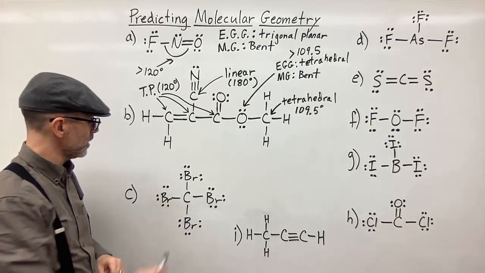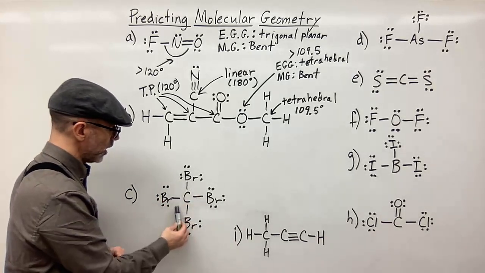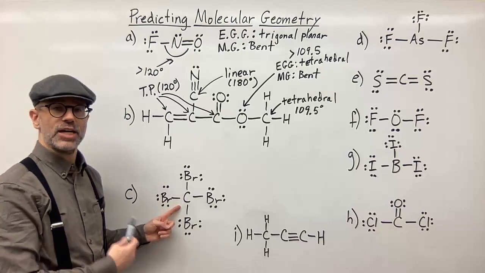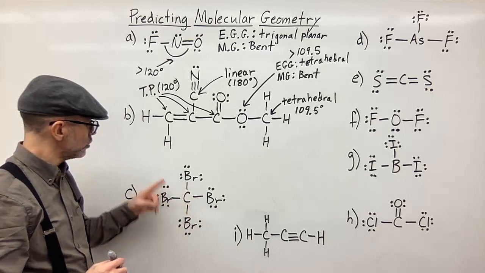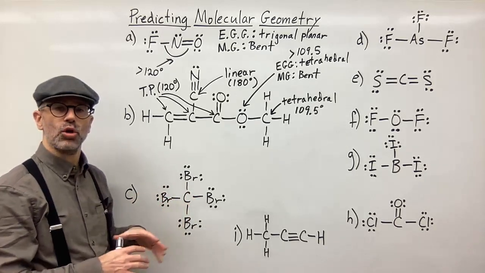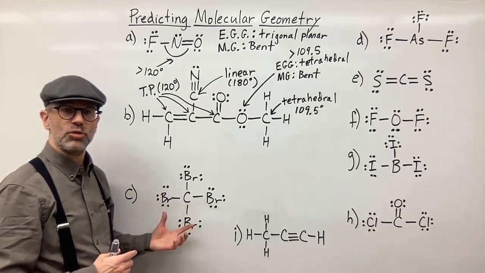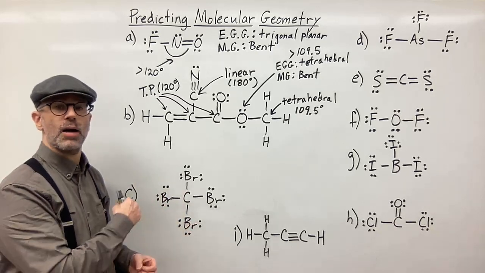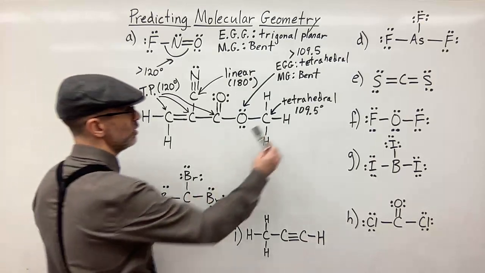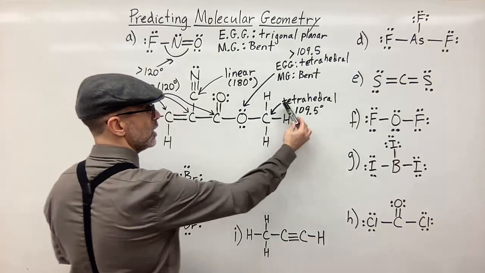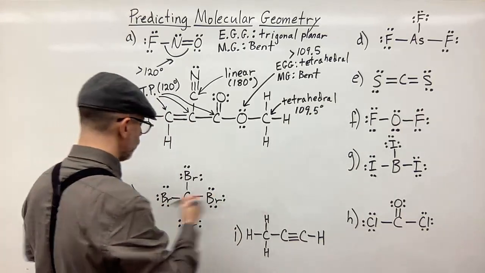Here for C, we have 1, 2, 3, 4 bonds around our central atom. This only has one central atom, so we only need to look at the carbon. So since we have 4 total electron groups, no lone pairs, the electron group geometry and the molecular geometry will be identical. And again, just like over here, we have 4 groups. The electron group geometry is tetrahedral, so the same thing over here.